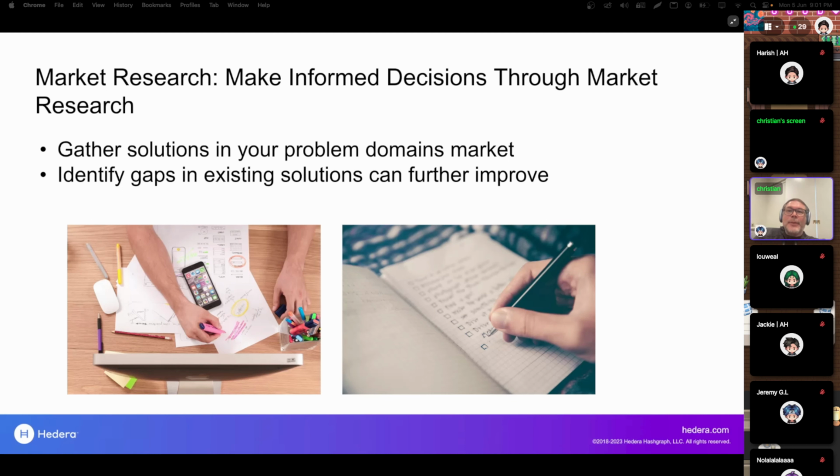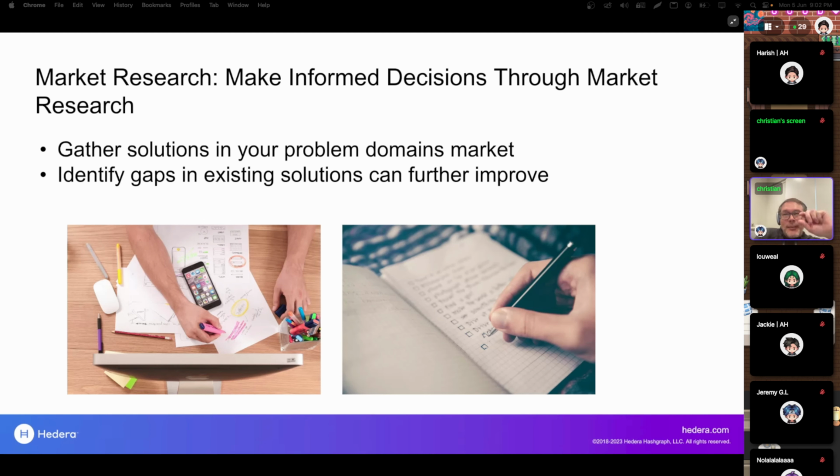So if you remember early on, when we talked about building your team and recruiting different skill sets onto your team, maybe you have someone that is very good at market research, reaching out to people, asking questions, looking at solutions that are already available in your target market, and then thinking about what the gaps are in that market.